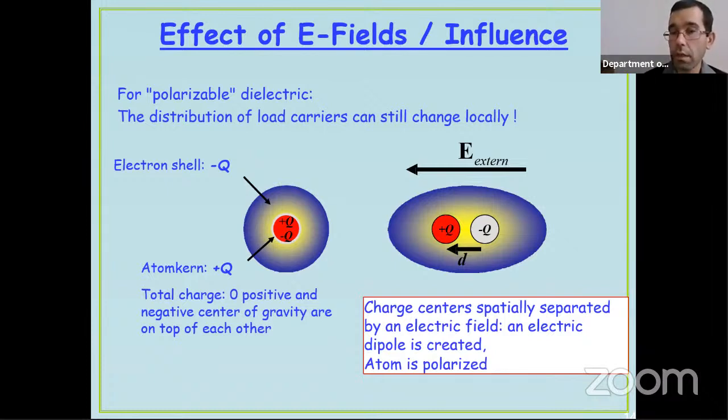So that's the reason why we have a polarized object, and it creates an internal polarization that is parallel to the direction of the external electrostatic field.